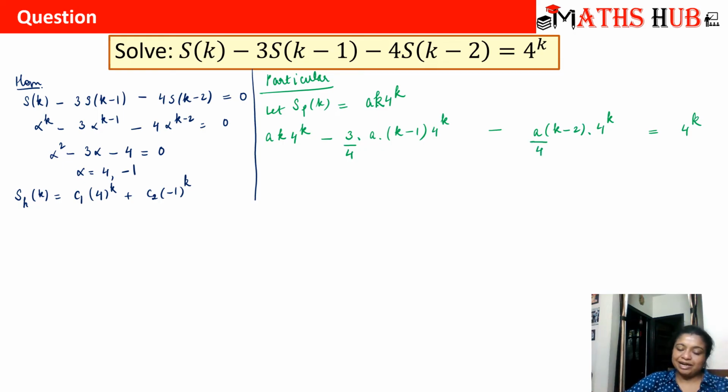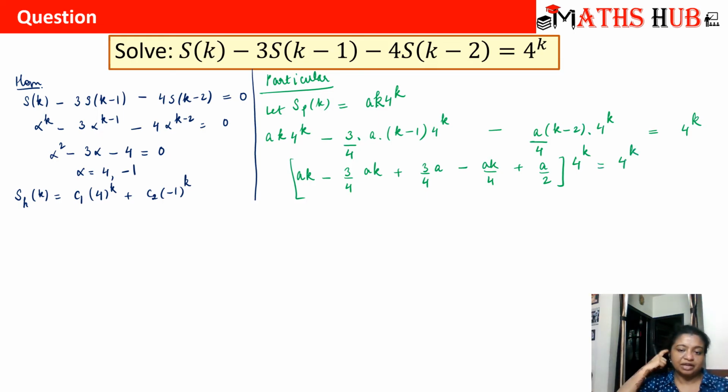So let us try to collect the powers of 4^k. ak minus 3 by 4 ak plus 3 by 4 a minus ak by 4 plus 2 into a by 4, so that is a by 2. So multiplied by 4 to the power k is equal to 4 to the power k, right?